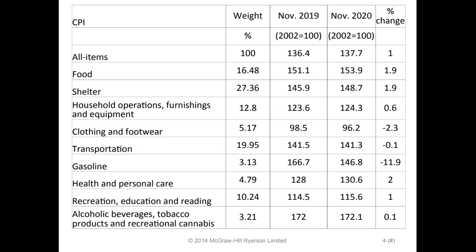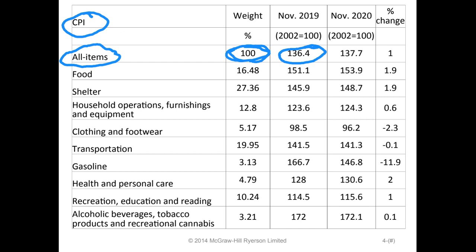First, this is the basket, consumer price index. This is the index, the cost of that fixed basket. If you include all items, that is 100% of the basket. Weight is 100% for all goods and services. Then in November 2019, suppose the base year is 2002, the November 2019 index is 136.4. This is the index.